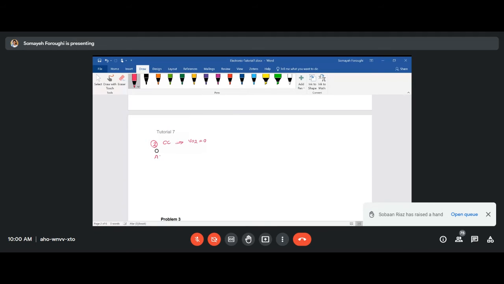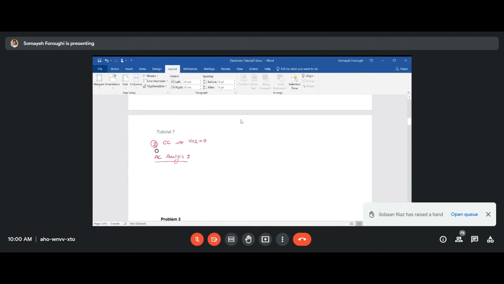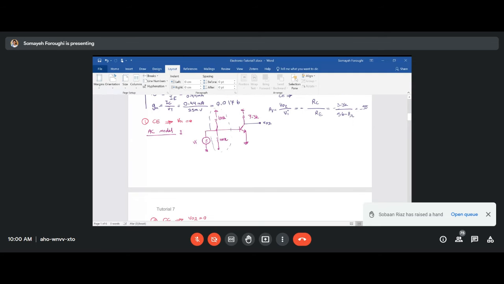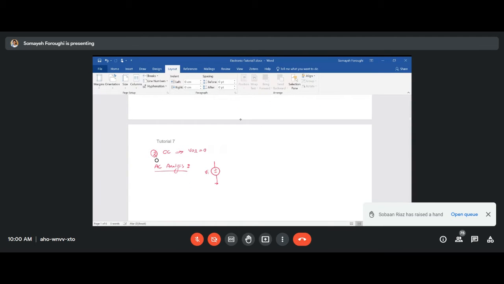Then our AC analysis will look like this. Again, I have positive and negative VI. Instead of that 100K and 100K parallel together at the top, I'm going to show it as 50K parallel to VI. So here it will go like 50K.